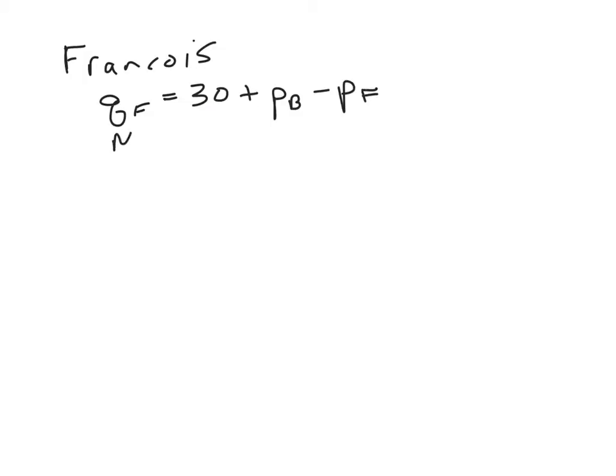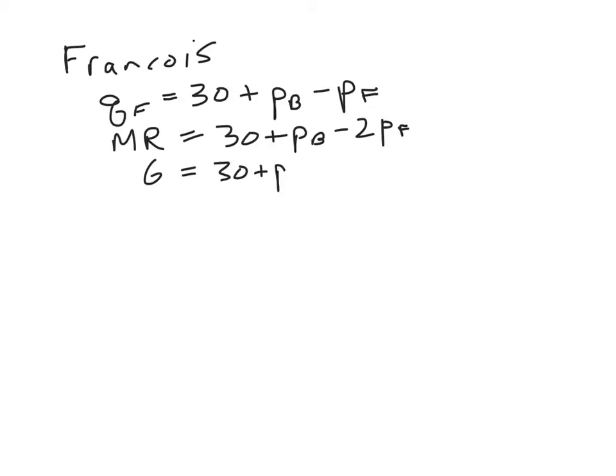So his marginal revenue, for reasons I showed you in class, but I'm not going to hold you accountable for, is 30 plus PB minus 2PF. And he sets that equal to 6: 30 plus PB minus 2PF equals 6.